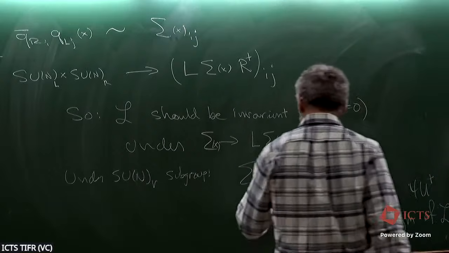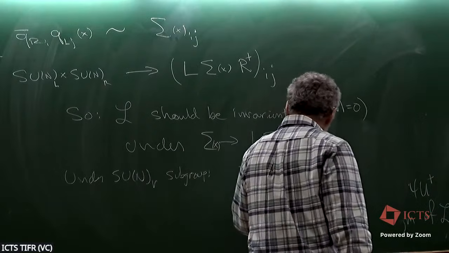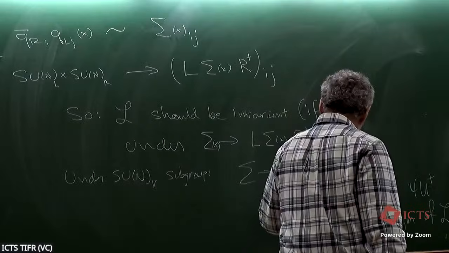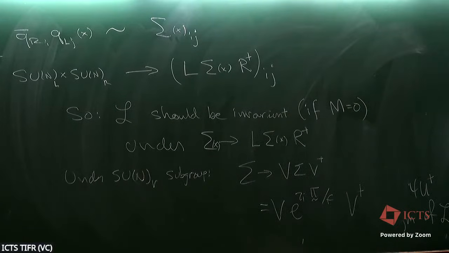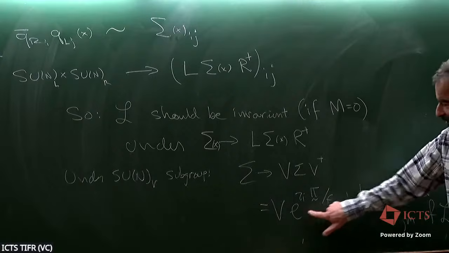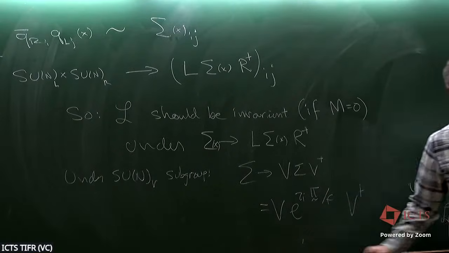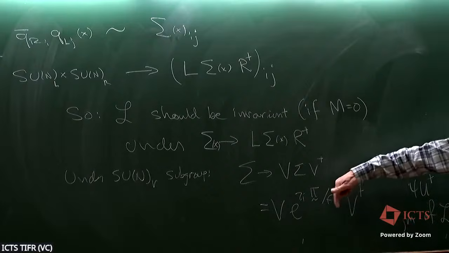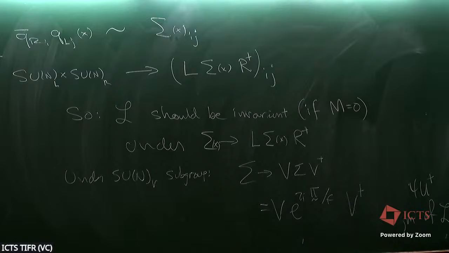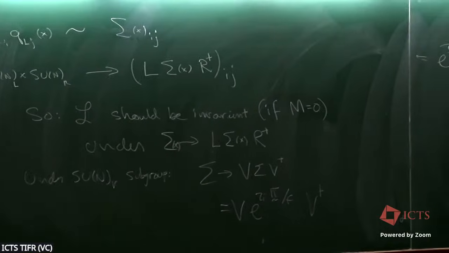Now, that's equal to V e to the 2i pi matrix over F times V dagger. And if I expanded this exponential in a Taylor series, you'd see I could stick a V V dagger between every pi matrix, because V V dagger is 1. And that would let me prove that this is actually equal to e to the 2i over F V pi V dagger.